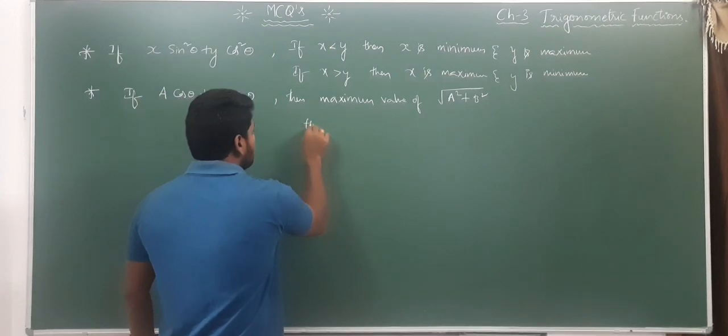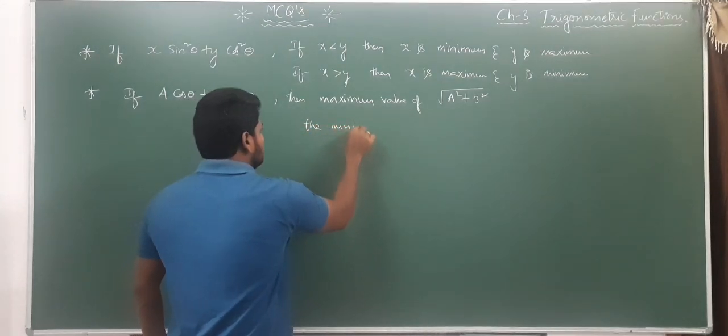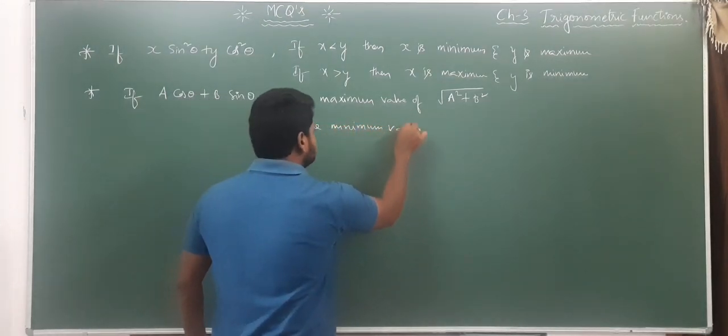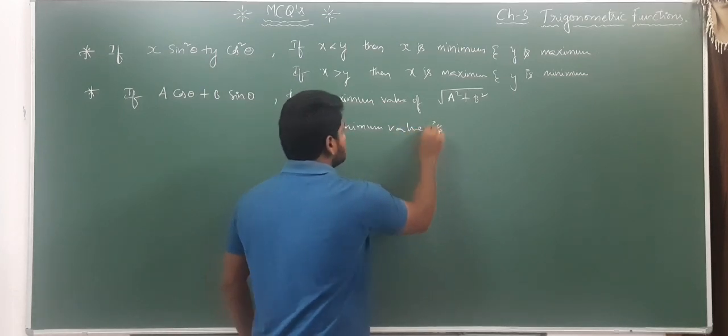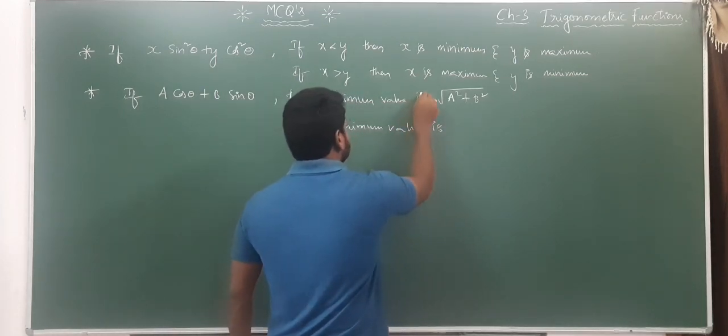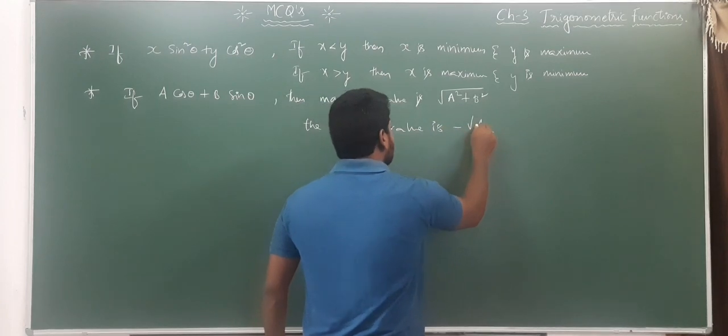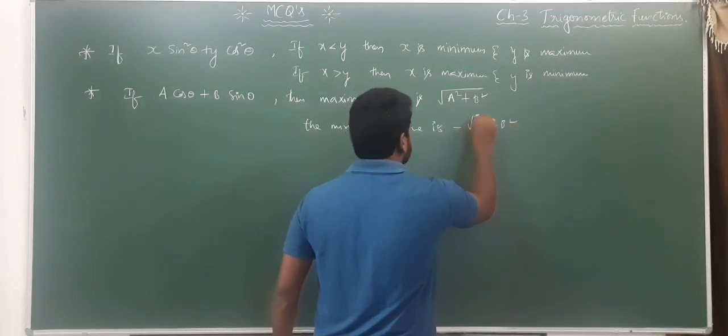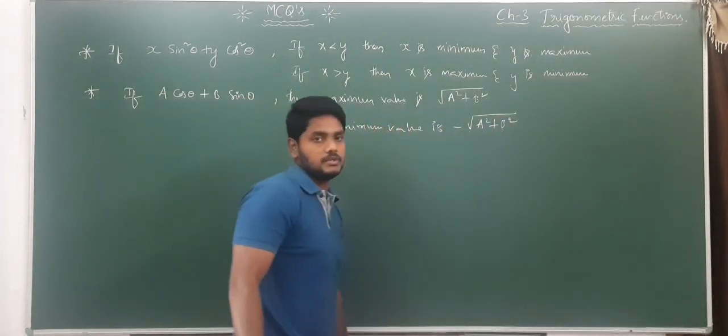Then the minimum value is minus square root of a square plus b square.